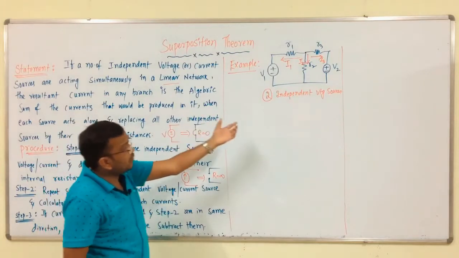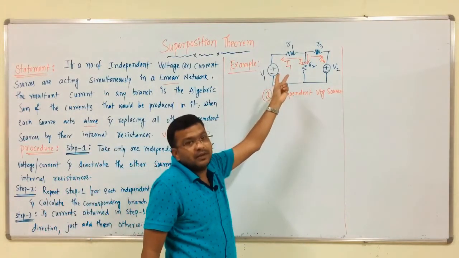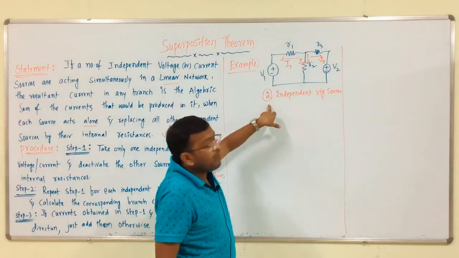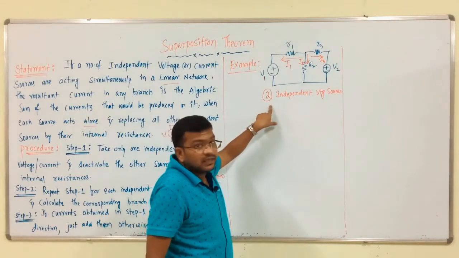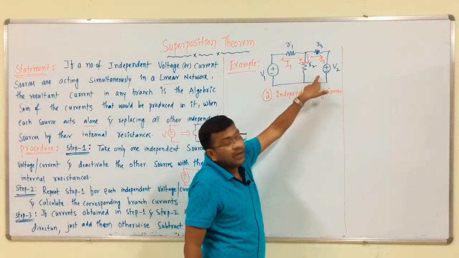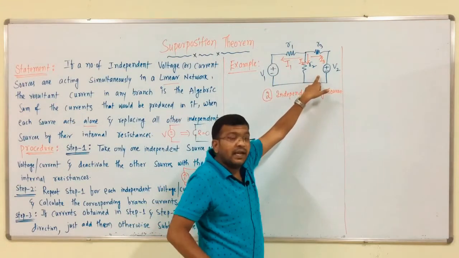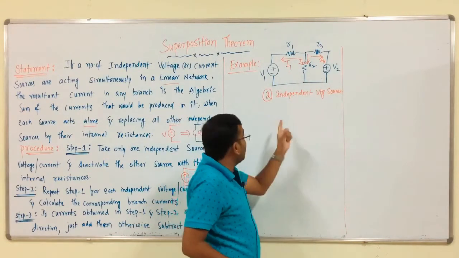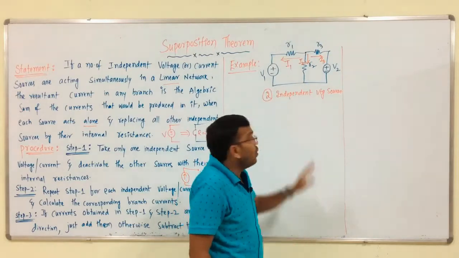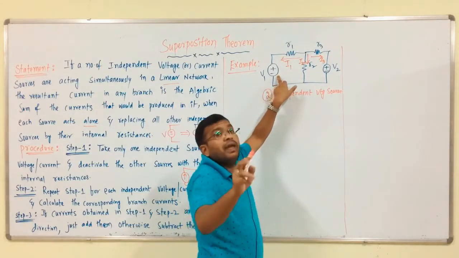In this circuit we have two independent voltage sources. So, how many cases are we getting? Two cases, and at each case only one source should be active.